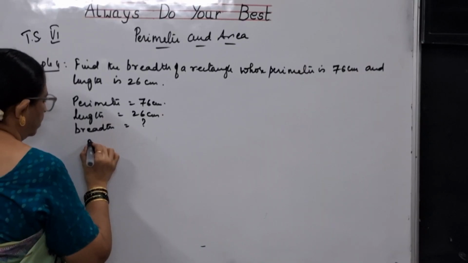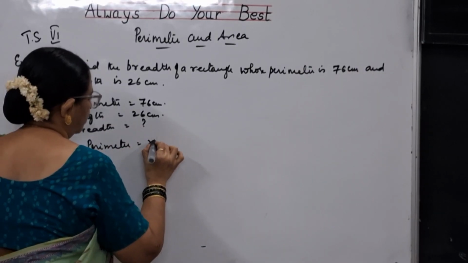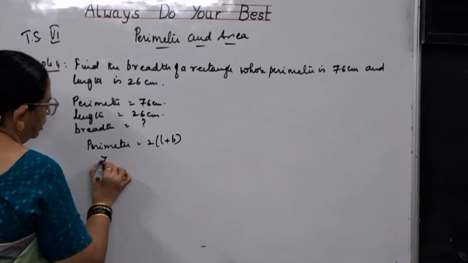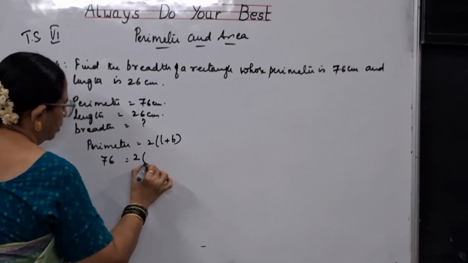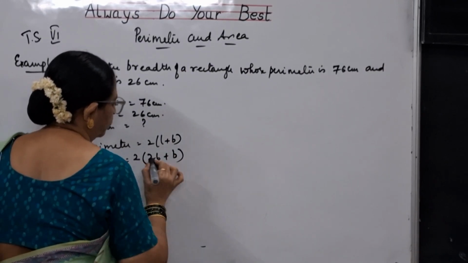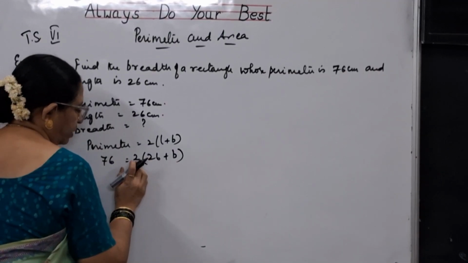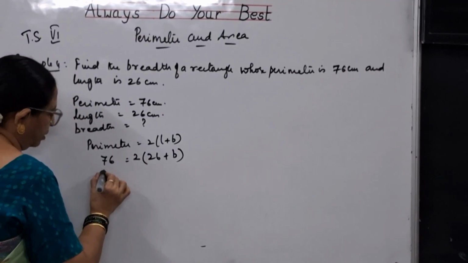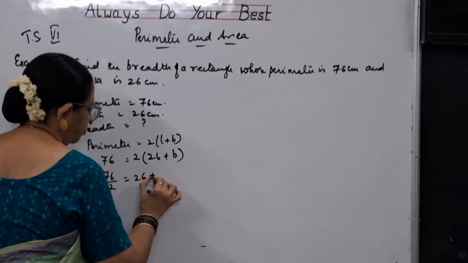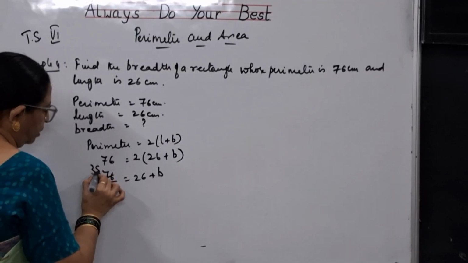We know that the perimeter formula is 2 into (L plus B). So how much is the perimeter? 76 is equal to 2 into (length is 26 plus breadth, which we don't know). Let us consider it as B. Now first you send this 2 to the other side. Multiplication becomes division. 76 by 2 is equal to 26 plus breadth. 2 threes are 6, 2 eights are 16, so 38.